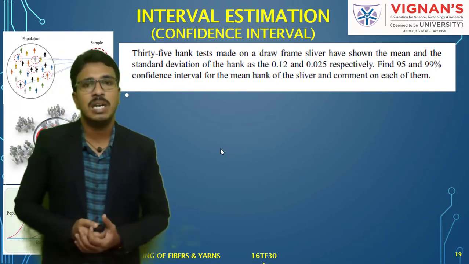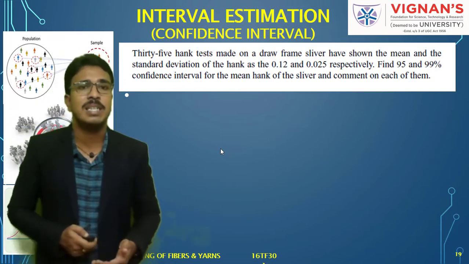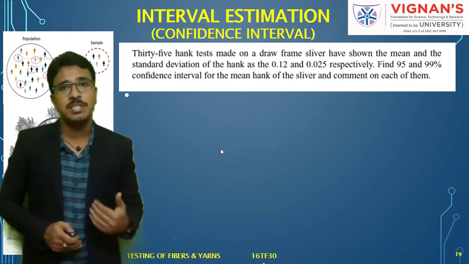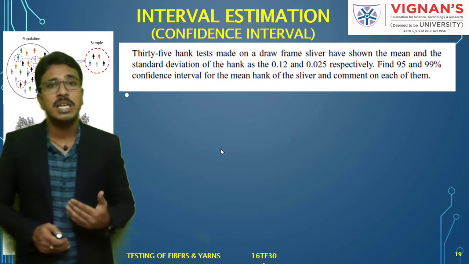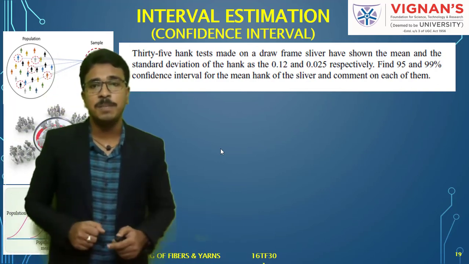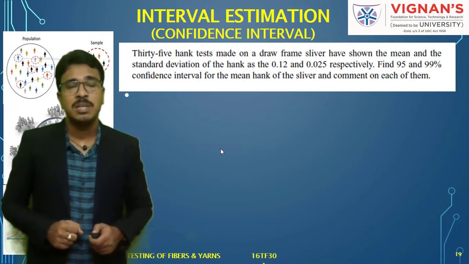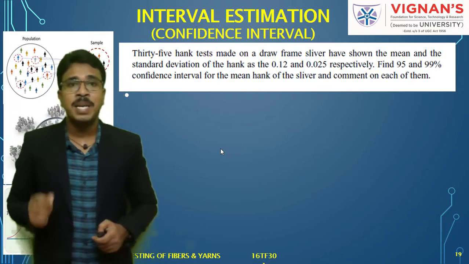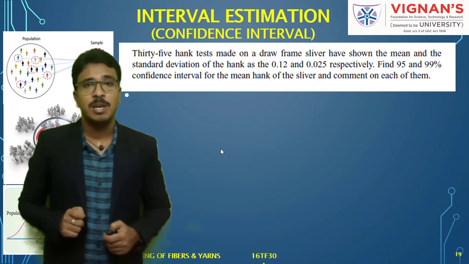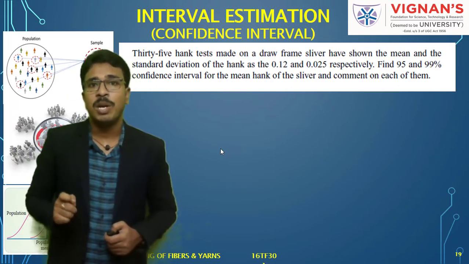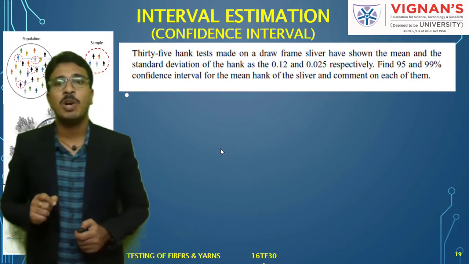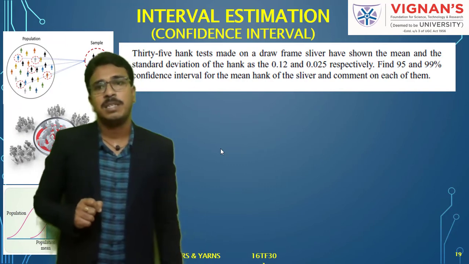Now I'll just read out the problem, try to understand it carefully. 35 hank tests made on a draw frame sliver have shown the mean and standard deviation of the hank as 0.12 and 0.025 respectively.